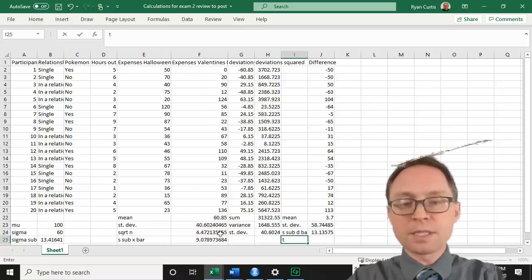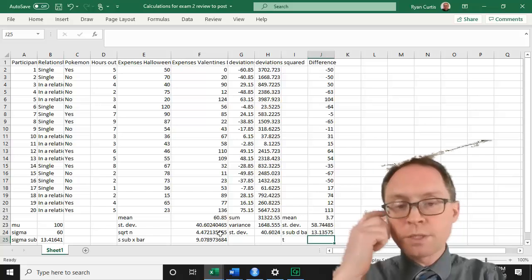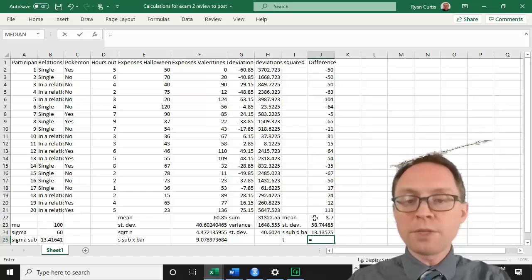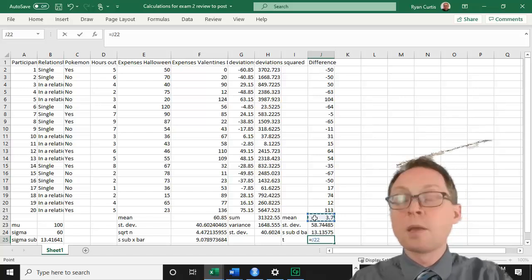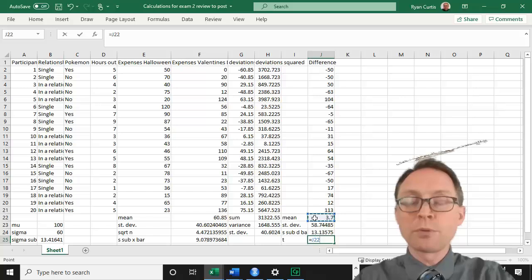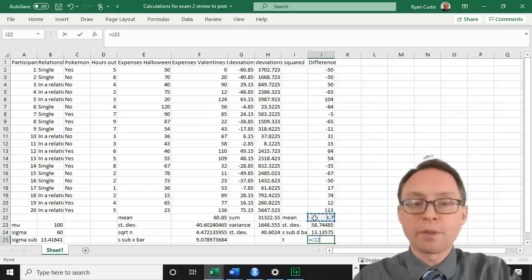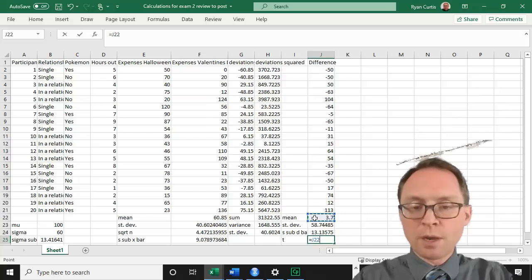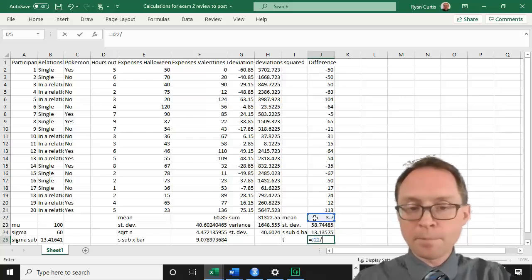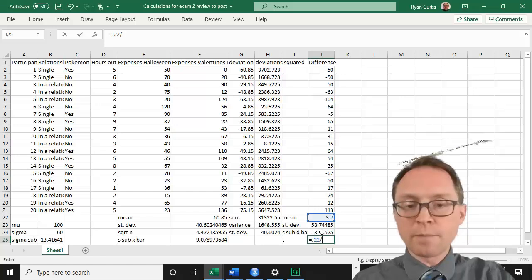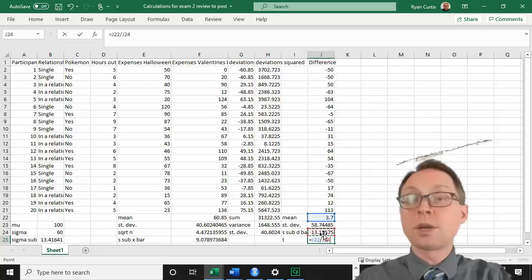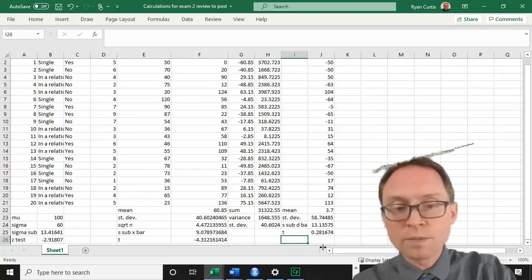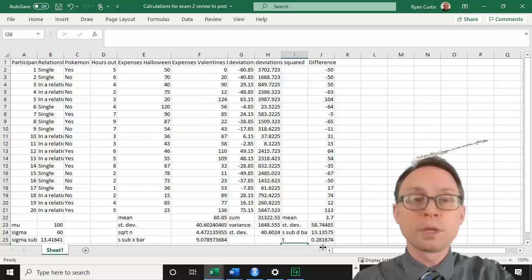That gives 13.13, which means t is going to be the mean of the differences, D bar, minus 0, because that would be the predicted difference if the null hypothesis was true. So we don't even have to do that one. So D bar divided by S sub D bar, which is the standard deviation divided by the square root of n, and you get 0.281674.